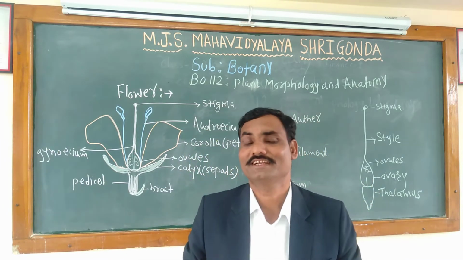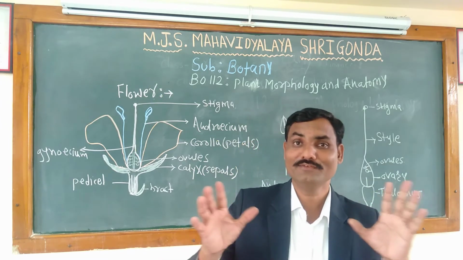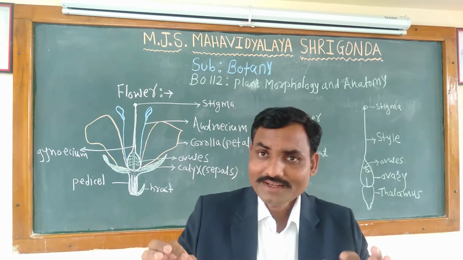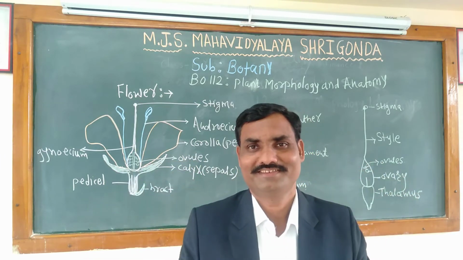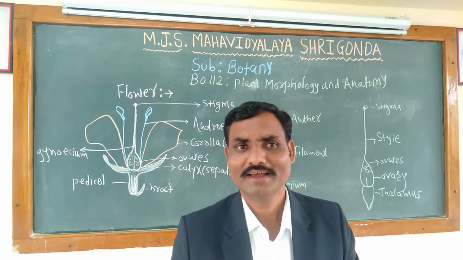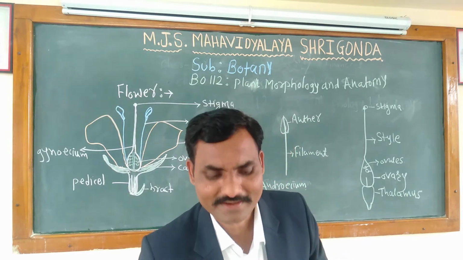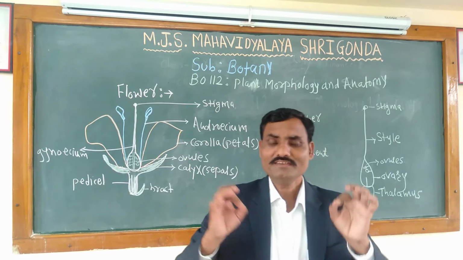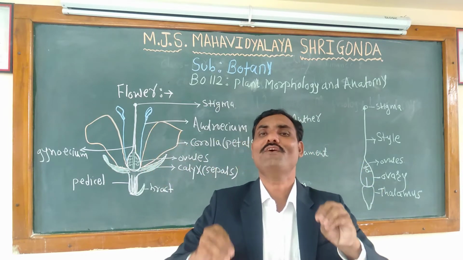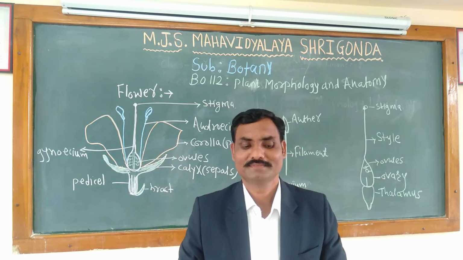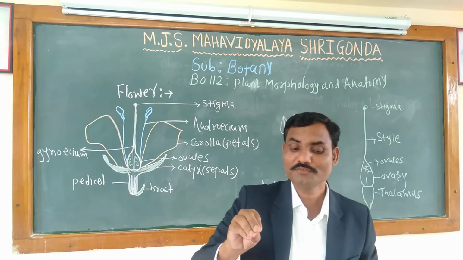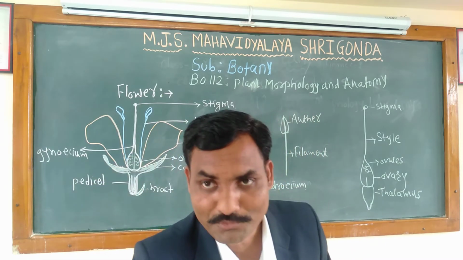Then what is the scientific definition of the flower? Dear students, listen very carefully, a very short and small definition is there. Flower is defined as a highly condensed and modified shoot of limited growth which is specialized for sexual reproduction.